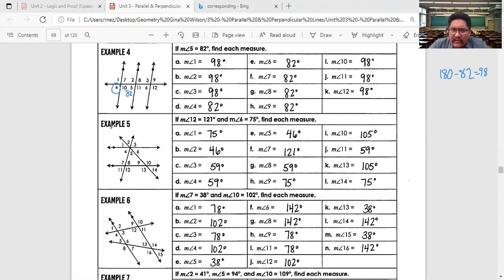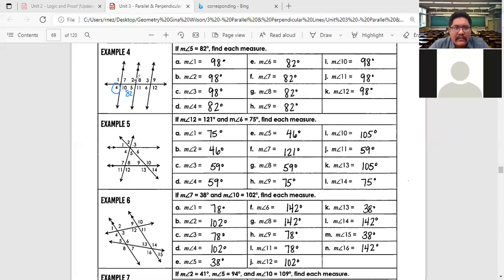And actually with all of these, you can tell that they're all either going to be 82 or 98. Because again, we know that all 3 of these lines are parallel. That's what the arrowhead here means. Now let's go ahead and go here.